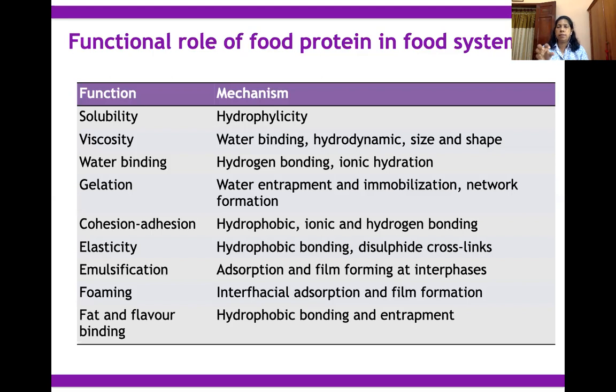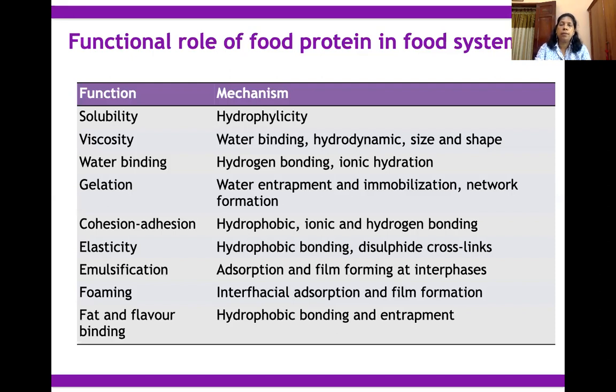Mechanism means what kind of action is going on with the protein, because the protein can participate in these activities. That is why it produces this kind of function to the product, right?